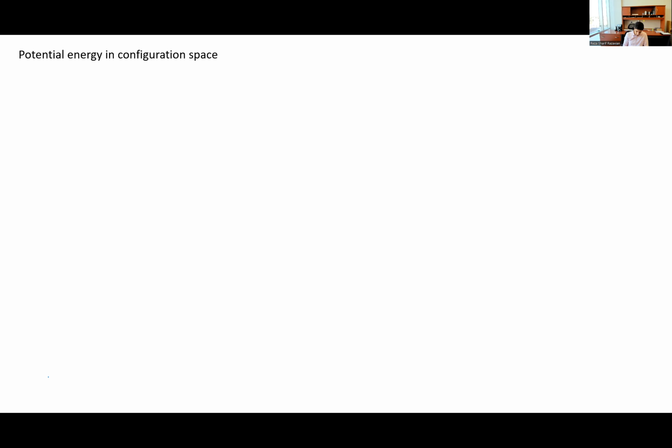Again, the setting is similar. Consider a system of n particles and forces F_k, not a vector.